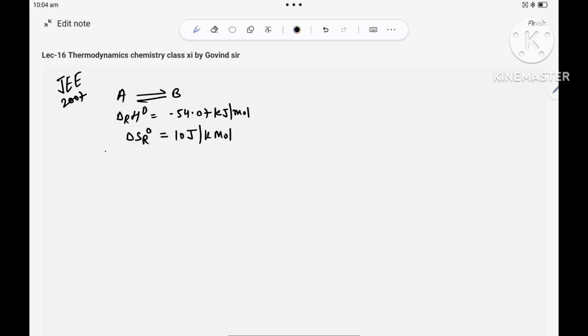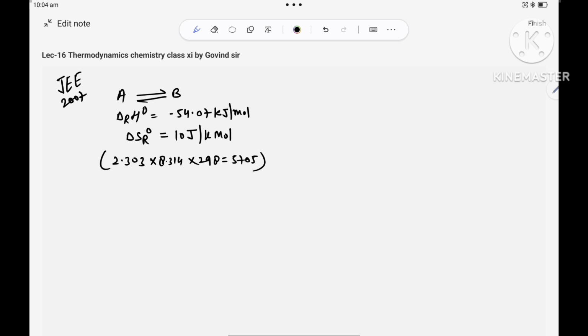And one more thing is given, 2.303 into 8.314 into 298 is equal to 5705. Why they gave it I don't know, this value is given.